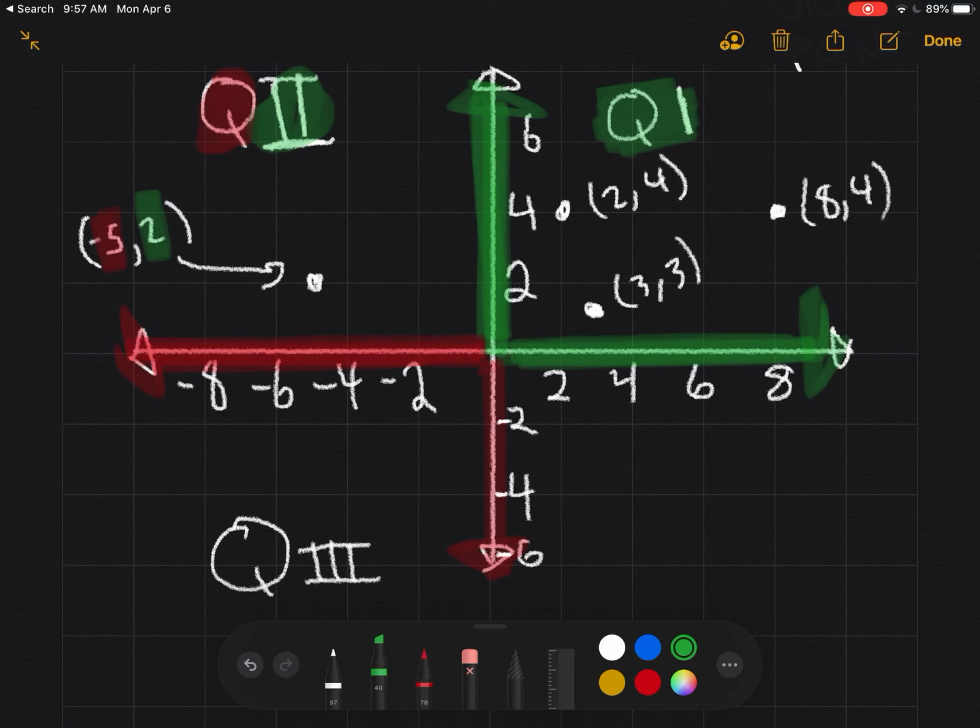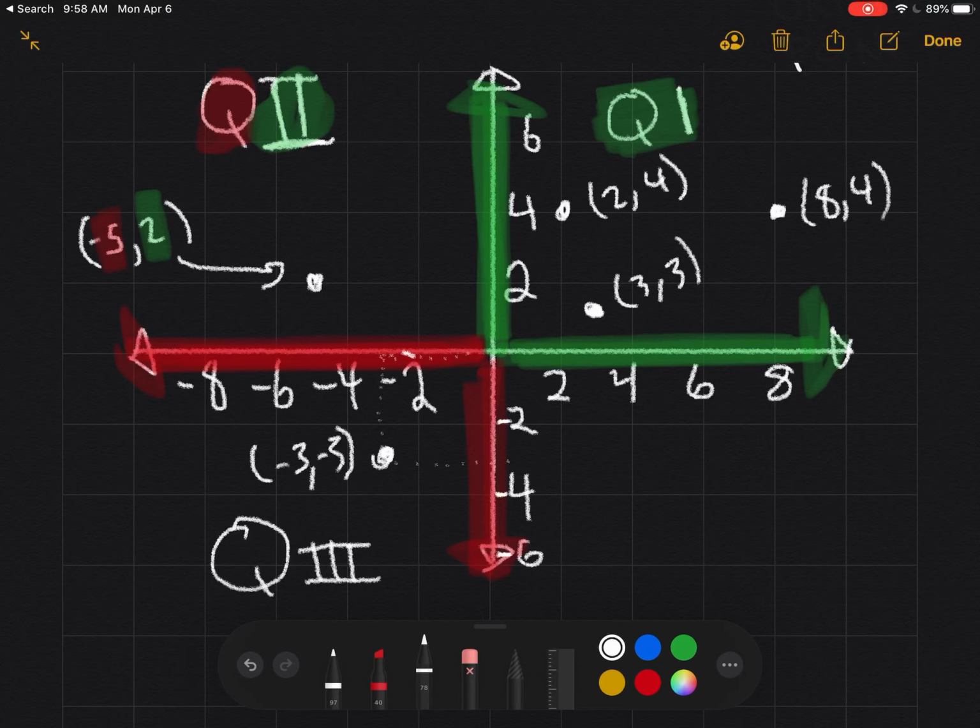Quadrant 3 and quadrant 1 are kind of opposites of each other, because notice here in quadrant 3, the x-axis is negative and the y-axis is negative. So if I choose a point at random here, any of these points, this looks like it would be about -3, -3.